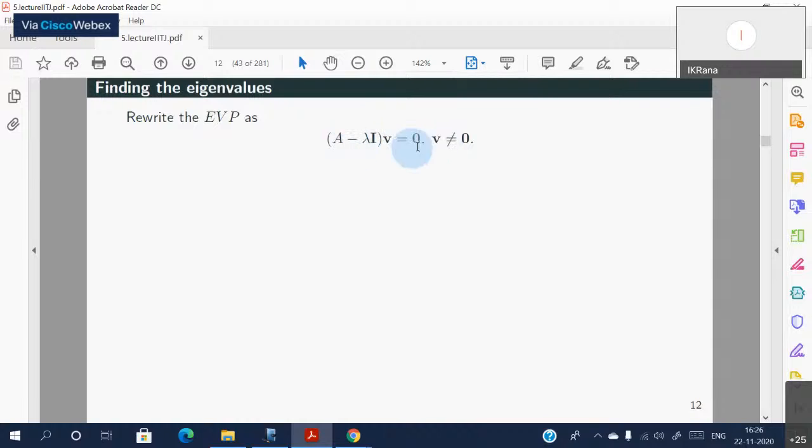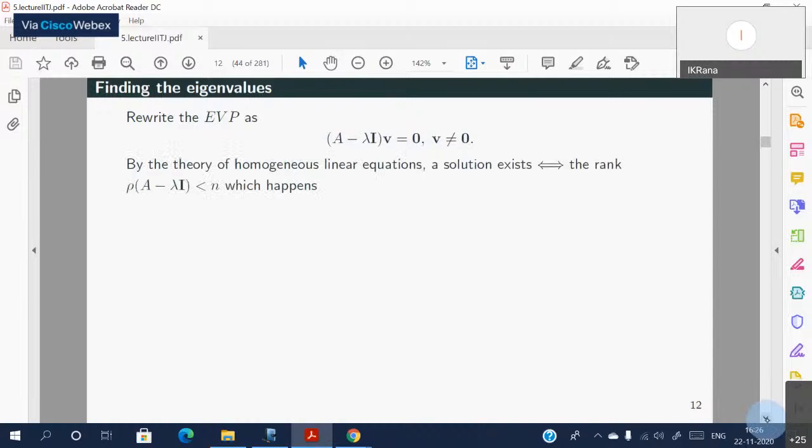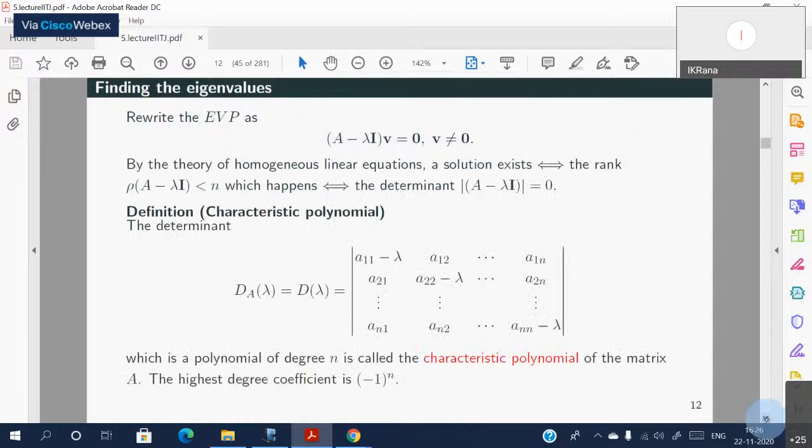So we apply that here. If this applied to v is a homogeneous system that has a non-trivial solution, that means A minus lambda I is not invertible, so its determinant must be equal to 0. So that is the determinant of A minus lambda I, if A is A11, A12, up to A1n. So A minus lambda I will be this n by n determinant, right?